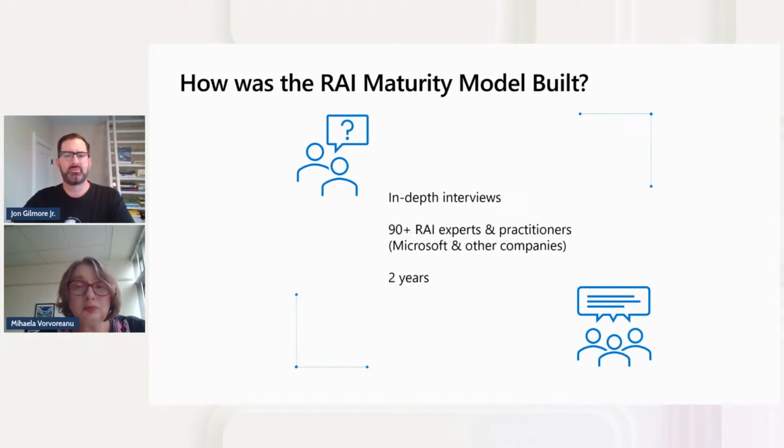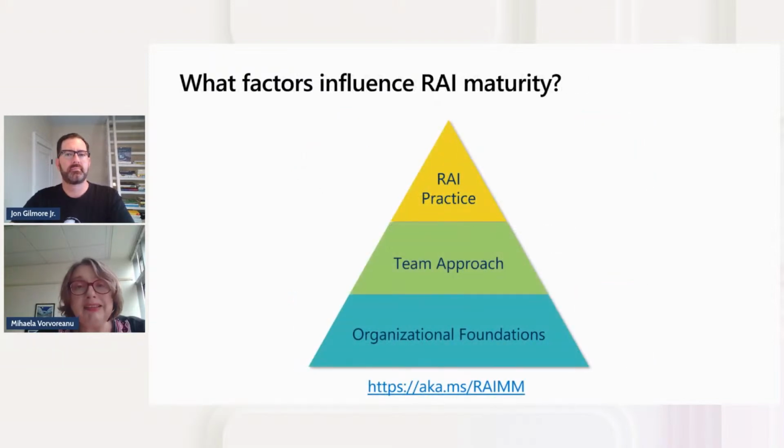Very neat. Well, what are the factors or dimensions that influence responsible AI maturity? Well, John, it turns out that there are more factors than I had anticipated. There are 24 in total, and they are grouped into multiple dimensions. So for an organization, they're grouped into these three main categories.